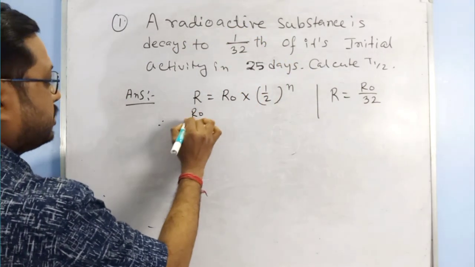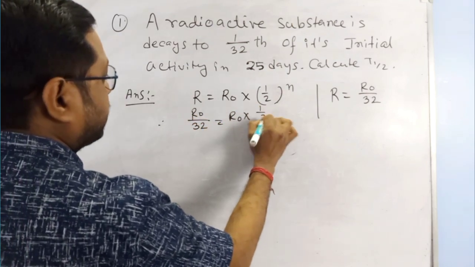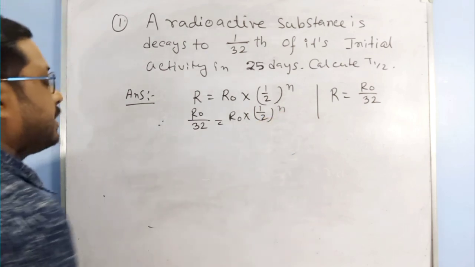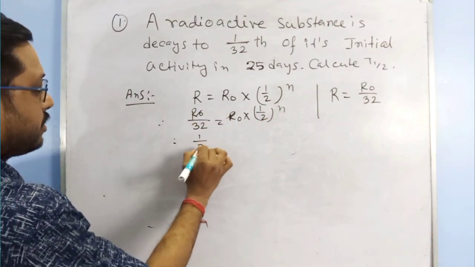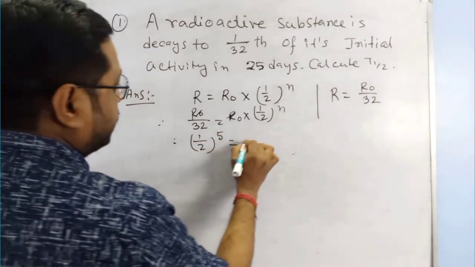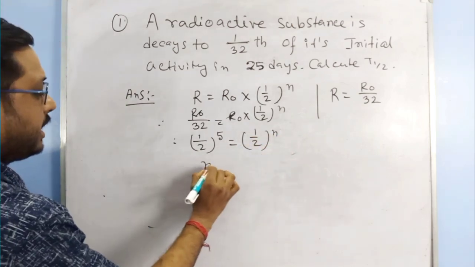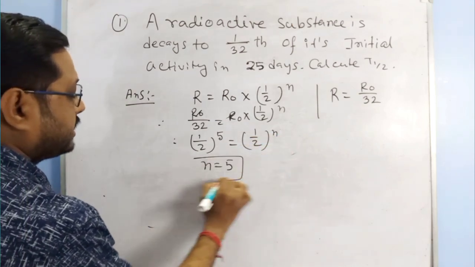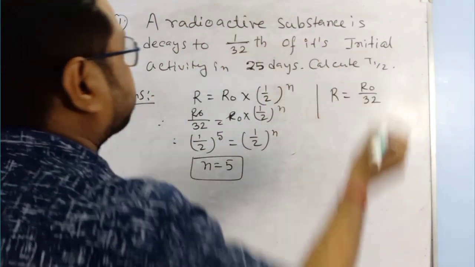So, R0 by 32 equal to R0 into half to the power n. N is the number of half lives. Then R0 cancels, we can say that half to the power 5 becomes 1 by 32, half to the power n. So, we can get from here n equal to 5. That is, number of half lives is 5.